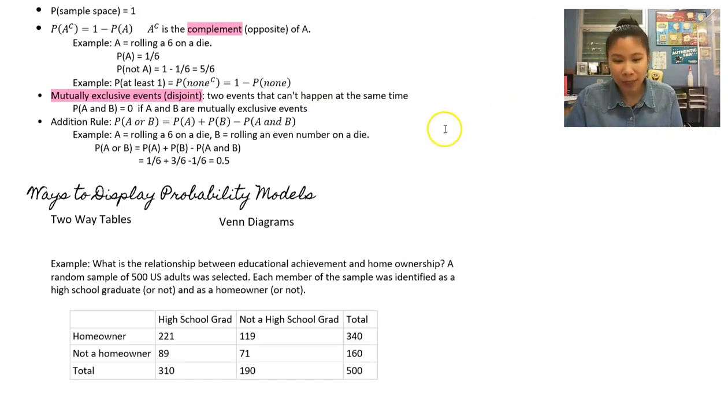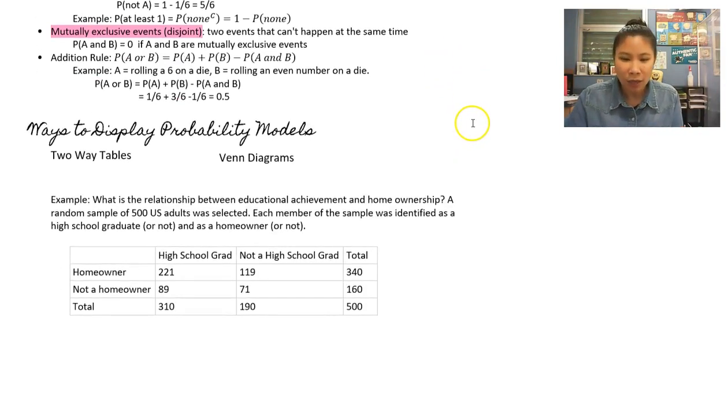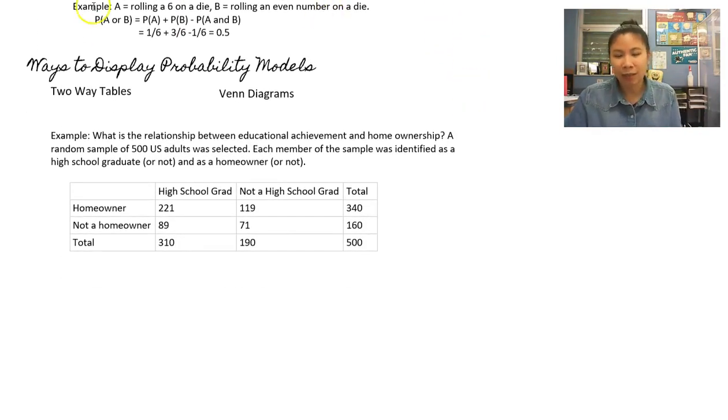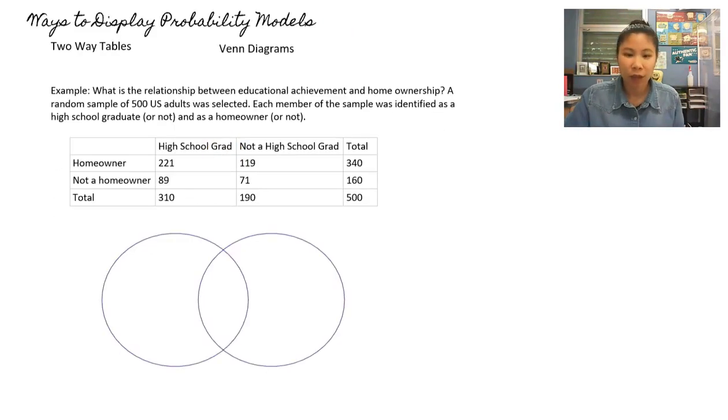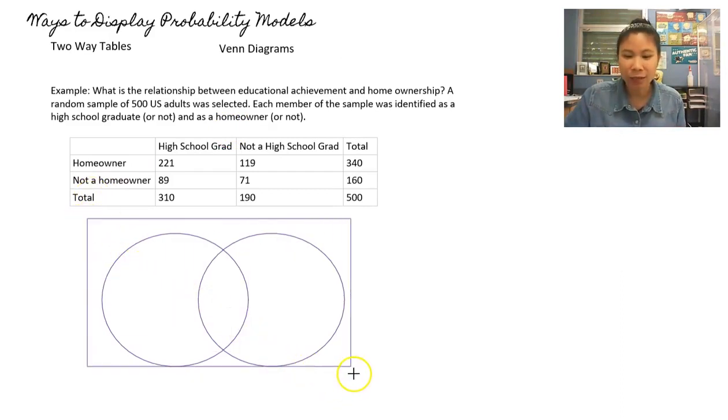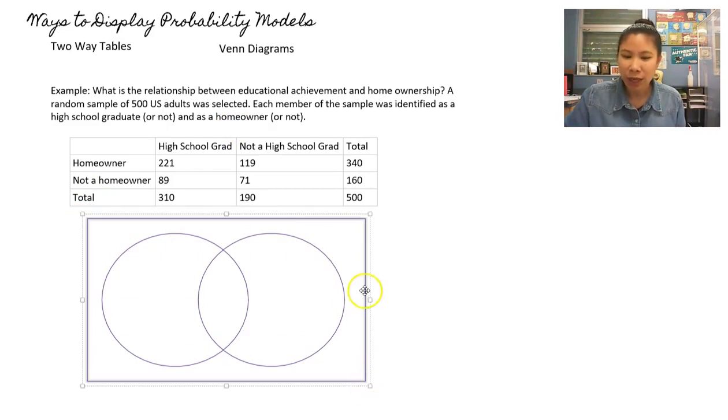Another way to display our probability models is a Venn diagram. So I can actually use this table to make a Venn diagram. So hopefully you remember Venn diagrams, you got the 2 circles with an overlapping part in the middle. What people also usually forget is that there's technically also a big rectangle around the 2 circles, because not everyone falls into the 2 circles.